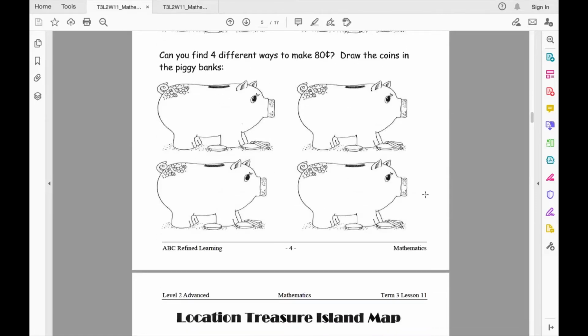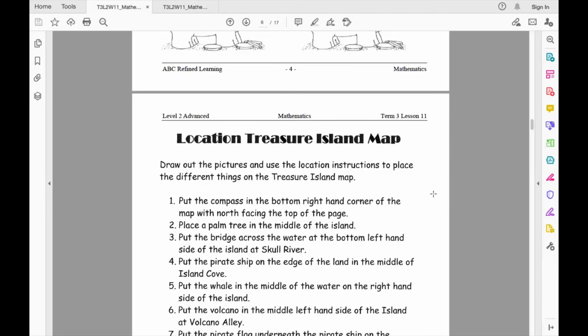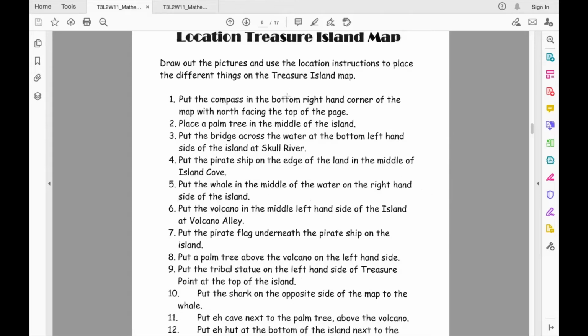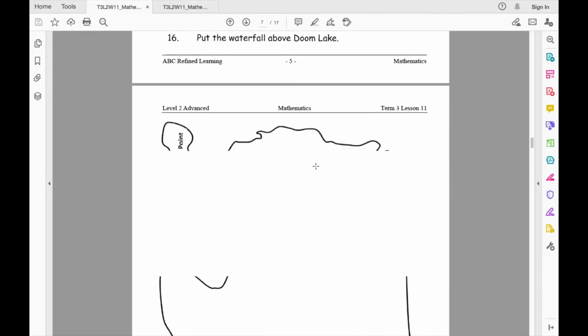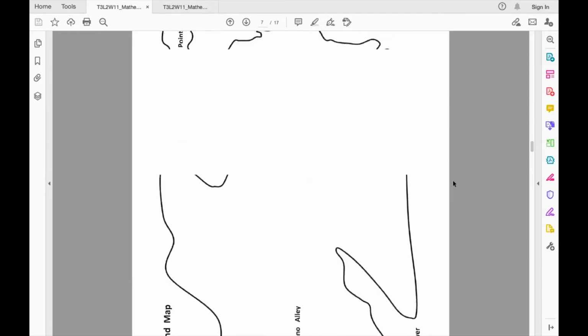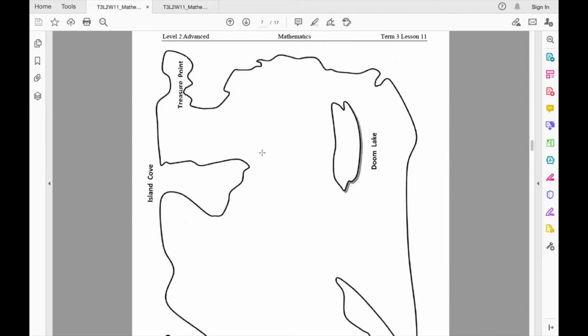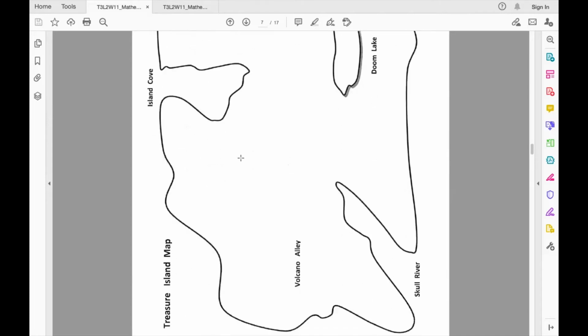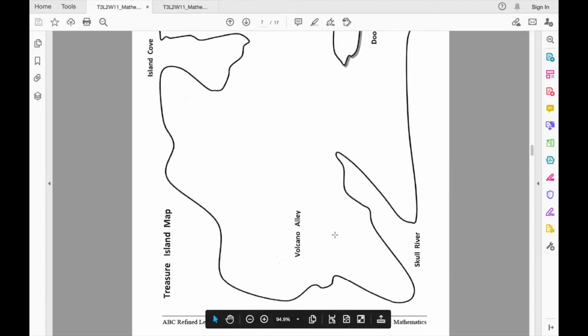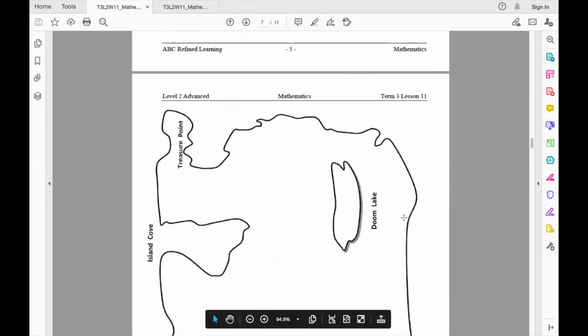And we're going to move on to the treasure map. What we have here are some instructions for the next page. This is the treasure map over here that we have to color in and make some pictures or images on to make it more colorful. We're going to follow the instructions.